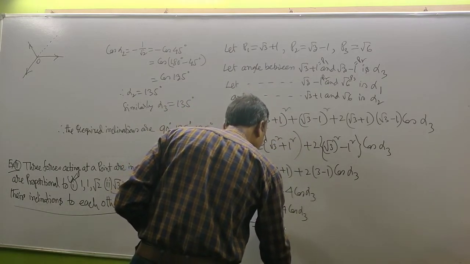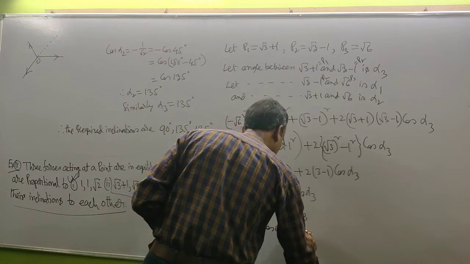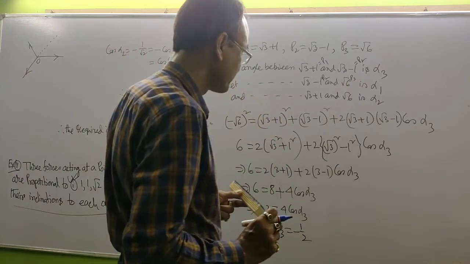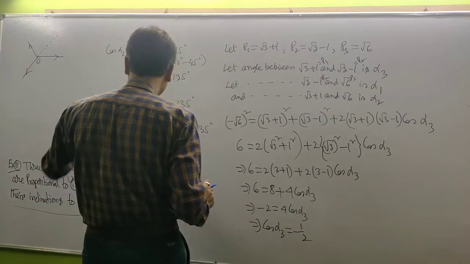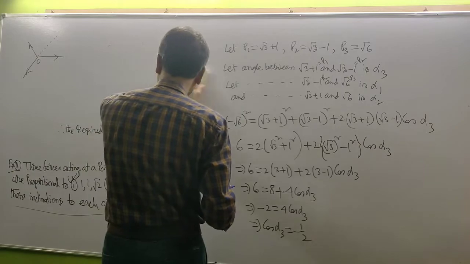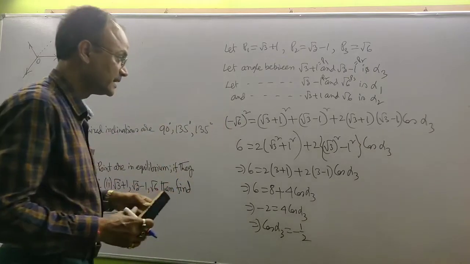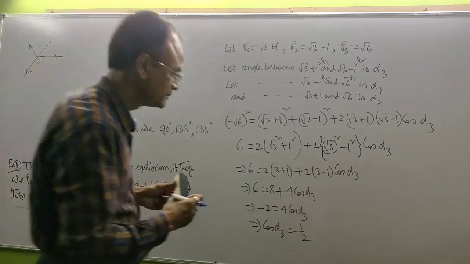This means cos alpha 3 equals minus 1 by 2.